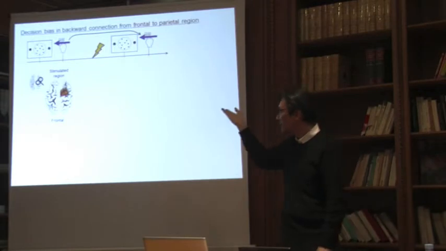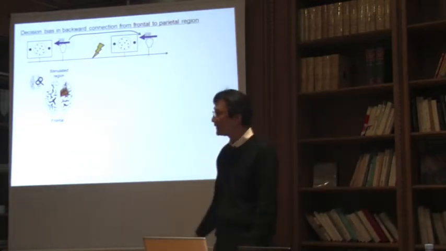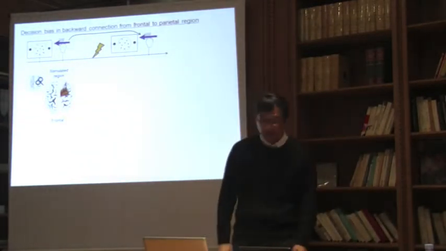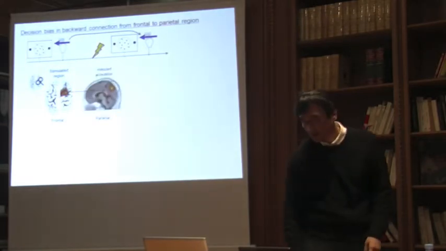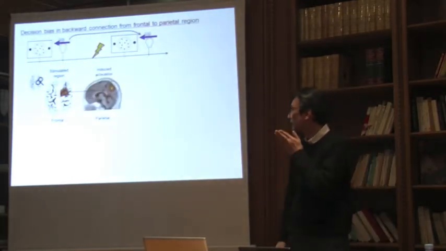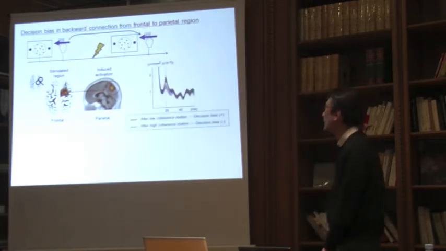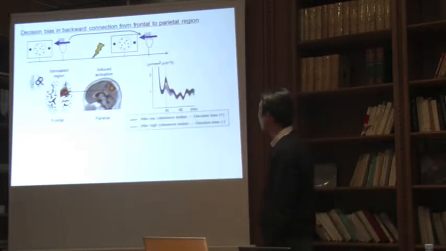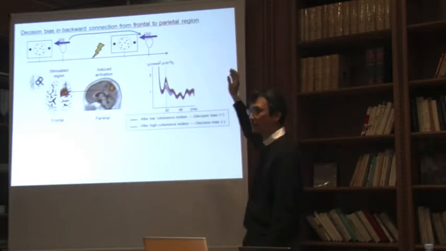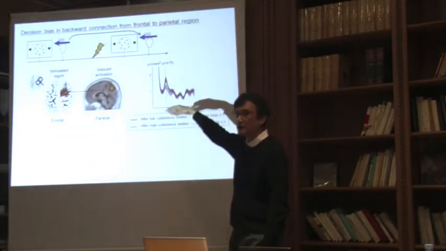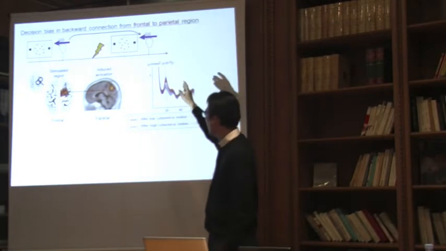We first applied TMS over the right FEF and found that the signal transmission from the FEF to the medial parietal lobe changed depending on whether there were decision biasing effects or not. There's a larger signal transmission effect.